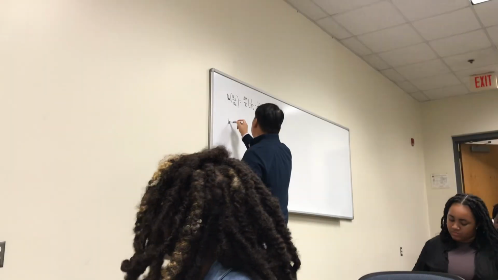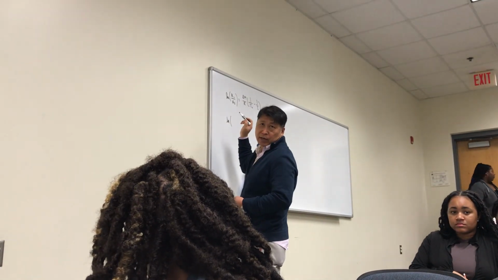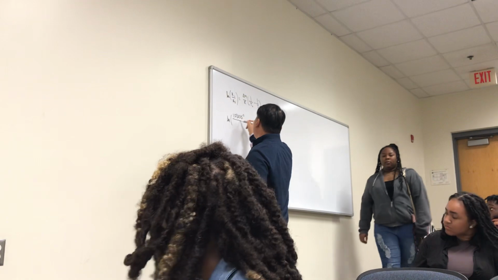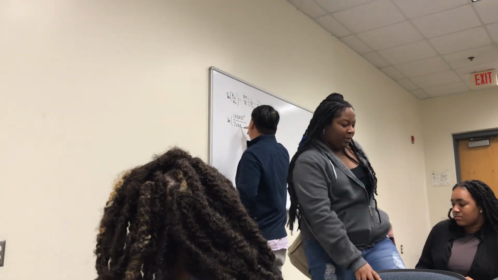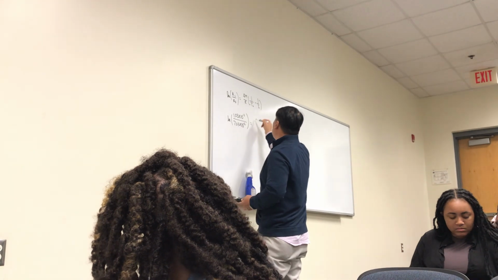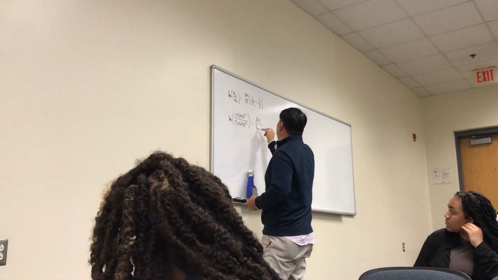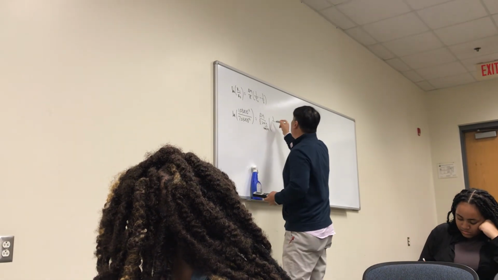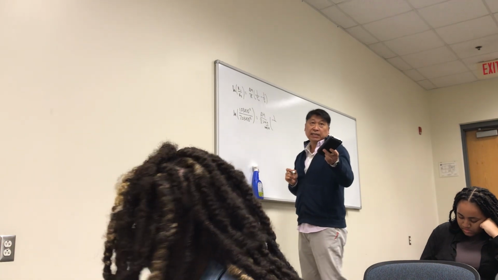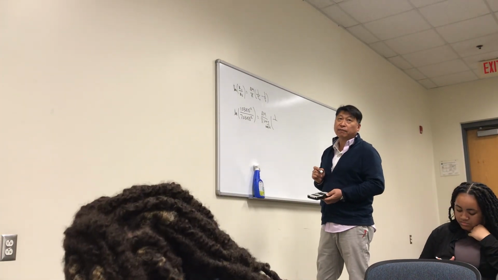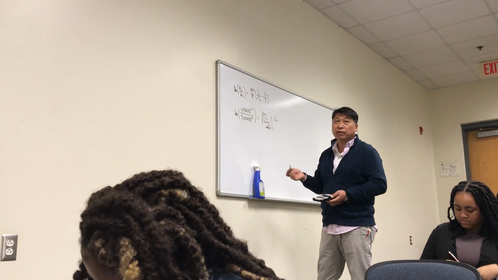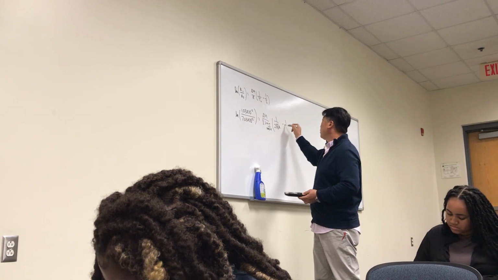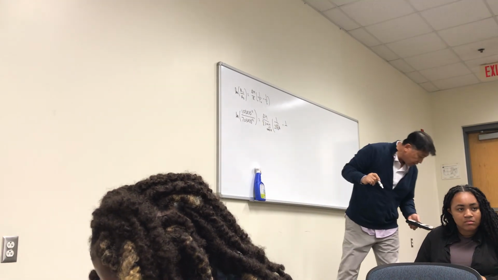So natural log of 1.03 times 10 to the negative 2 divided by 7.03 times 10 to the negative 2 is equal to delta H, and R is 8.314 joules per mole per Kelvin, times 1 over T2, which is 25 plus 273. Remember that? You have to convert to Kelvin. So this is 298 Kelvin minus 1 over 333.